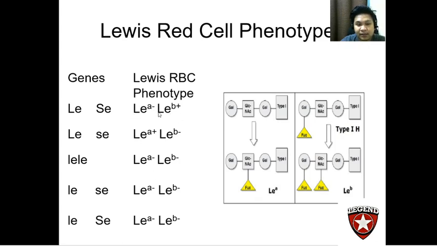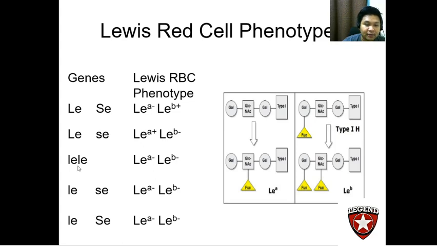The reason is that if you have your capital Le gene, the Le(a) antigen is produced, but then it is subsequently converted to your Lewis B antigen. Now, if you have inherited your capital Le, but you are a non-secretor, the Lewis A antigen remains as is. So your phenotype would be Le(a) positive, Le(b) negative.